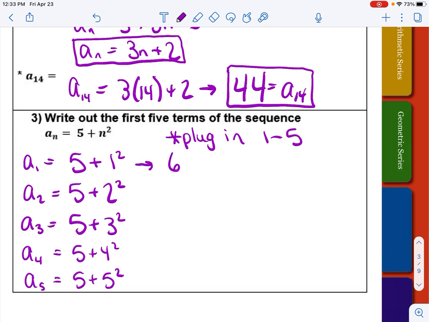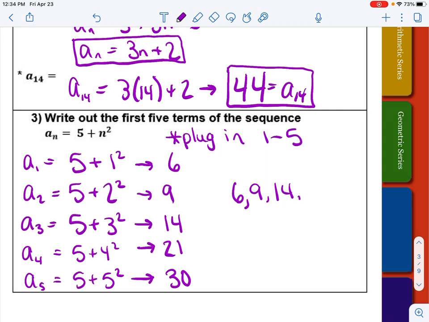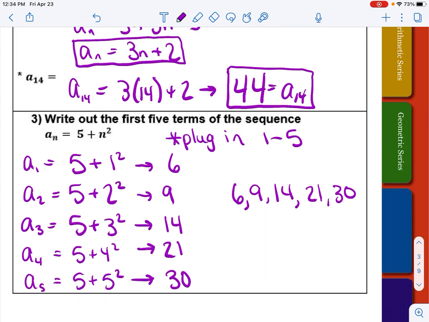So when you solve these, you end up getting 6 and 9 and 14 and 21 and 30. So our first 5 terms are 6, 9, 14, 21, and 30.